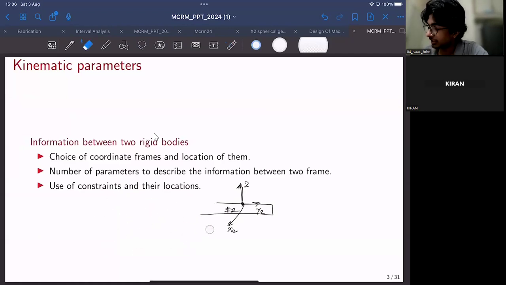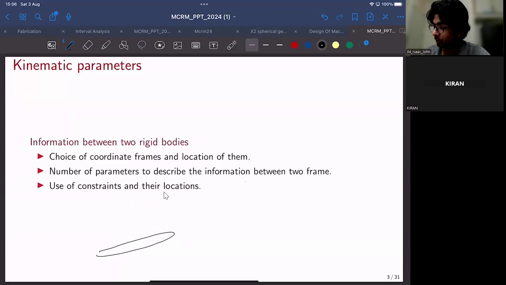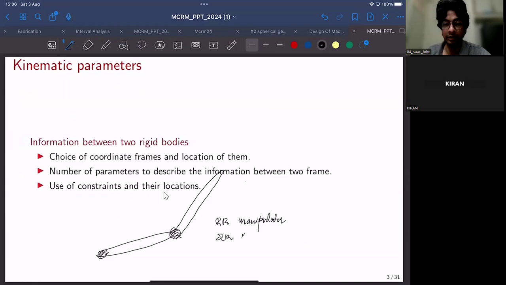So this is exactly why we require a convention, because there are different kinds of robotic manipulators. For example, something as simple as a 2R robot. The reason I call this a 2R robot is it consists of 2 revolute joints, and hence the name RR manipulator, or you can call this a 2R manipulator.